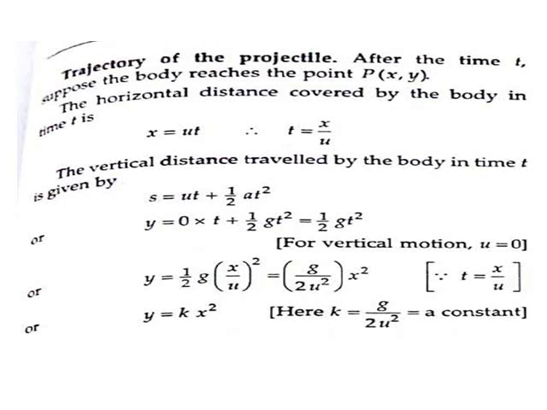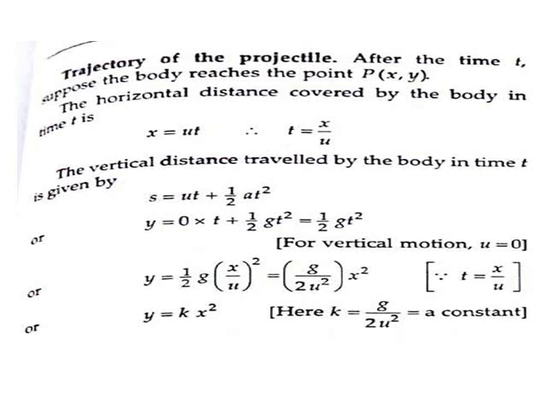So, the trajectory will again be found by using the equations of motion. The X distance traveled will be velocity into time. And by using the second equation of motion for vertical, you will get y equals g into x square upon 2u square, by putting the value of t from the above equation.